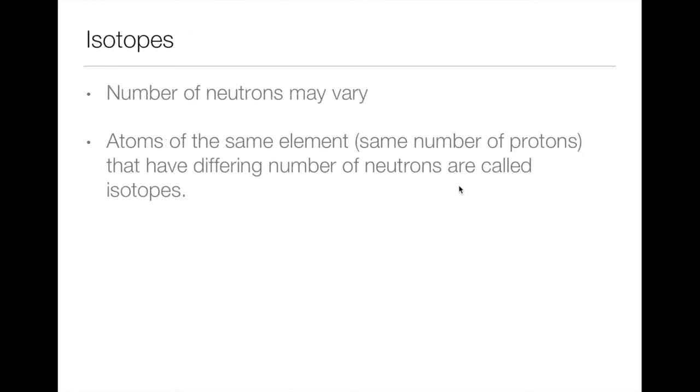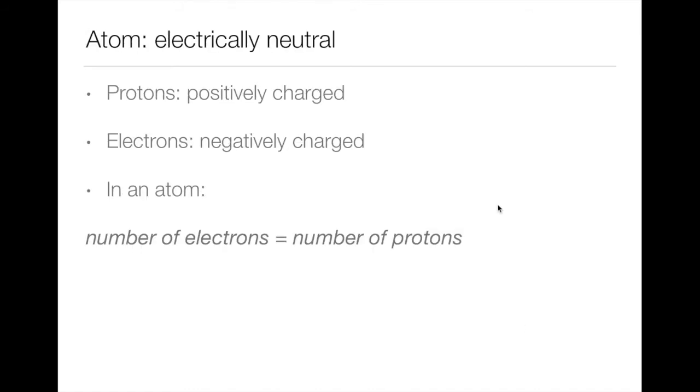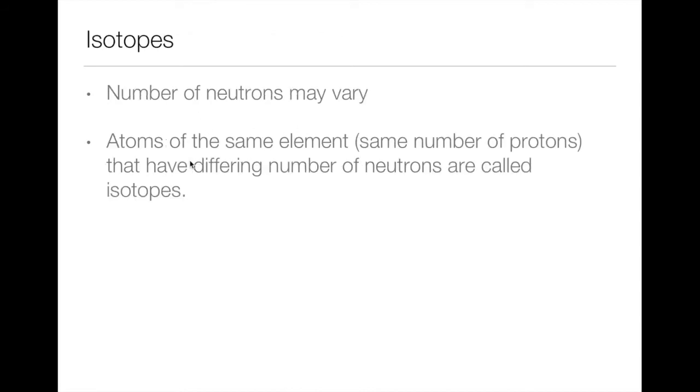Okay. Now isotopes. I've talked about them in my biology, in biochemistry videos, and we have talked about radioactive isotopes as well, so I'm only mentioning them here. We said that the atoms of an element have a specific number of protons and electrons, but they may vary in the number of neutrons.